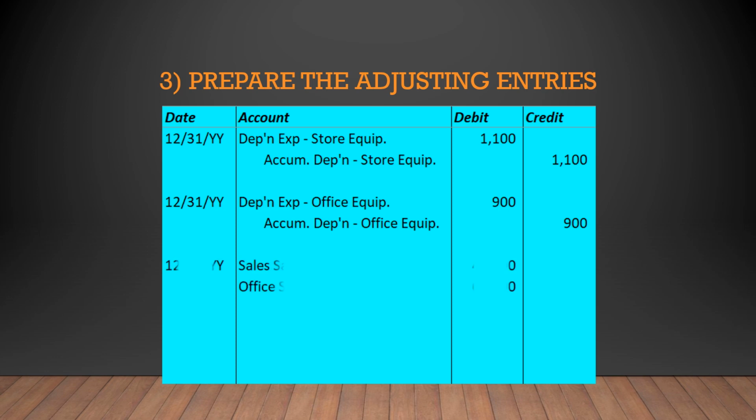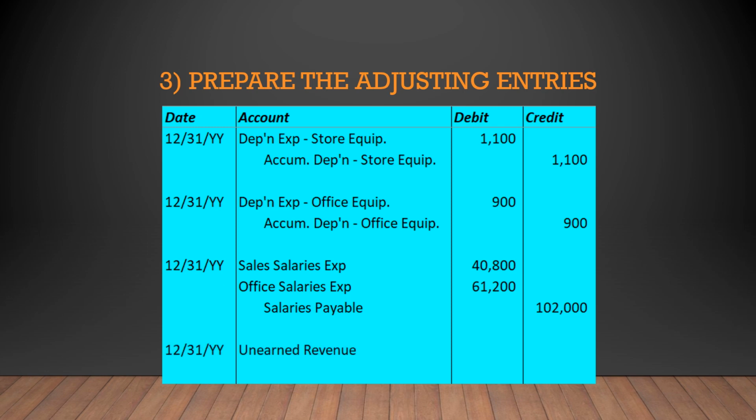We'll also accrue sales and office salaries expense in the amounts of $40,800 and $61,200 respectively. Finally, we earn a portion of advanced customer payments, or unearned revenue, in the amount of $7,000.